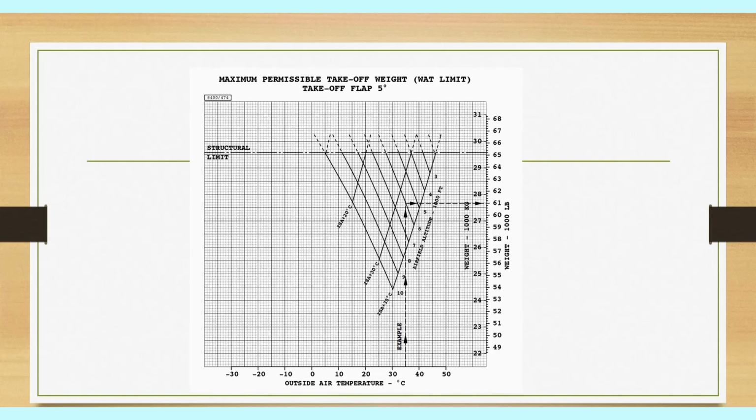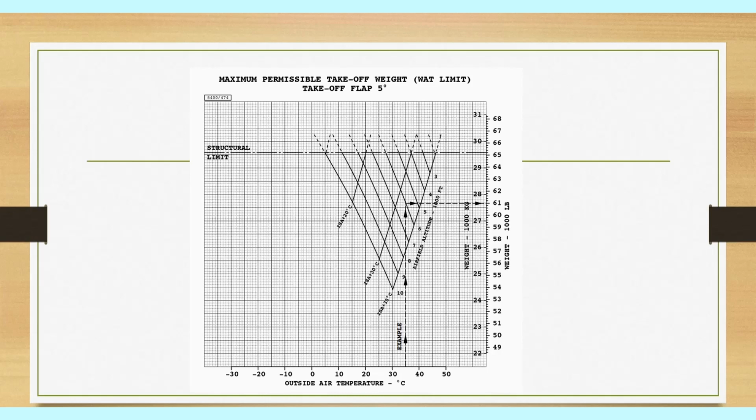Similar tables are there for flap 10 and flap 15 takeoff as well, but we're going to use flap 5. These graphs in the AFM are very typical and similar to the ones we study at flight school when calculating performance for the Cessnas and the like, where you draw lines and then interpolate.